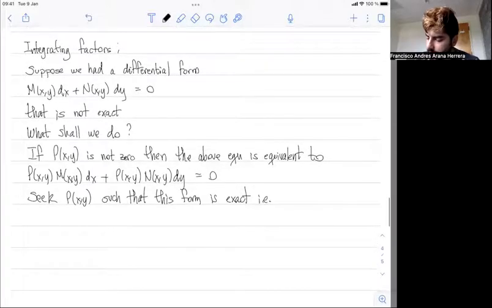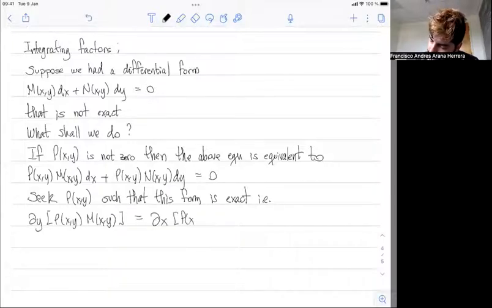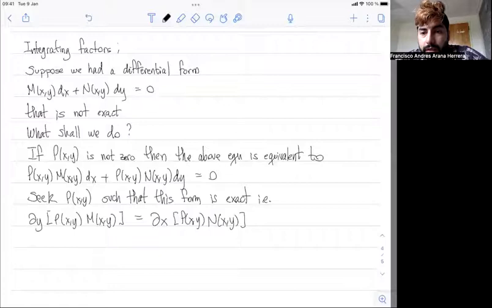That means that partial y of rho(x,y) M(x,y) equals partial x of rho(x,y) N(x,y). Okay, so that's what we're gonna do. And maybe let's do one more step here.